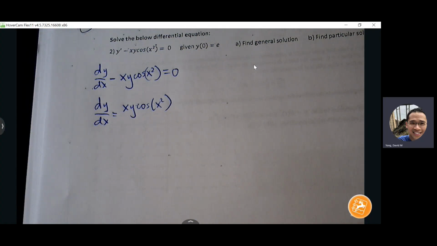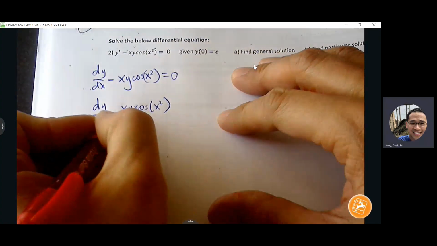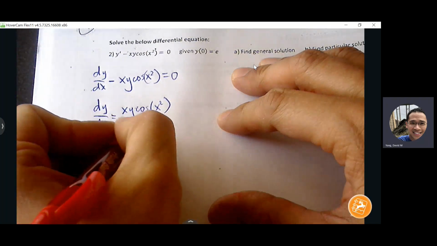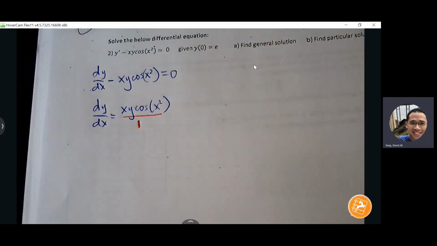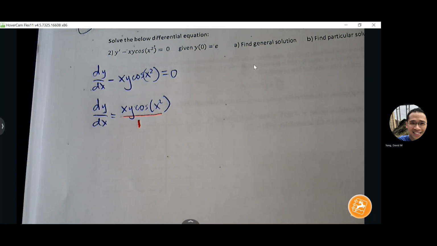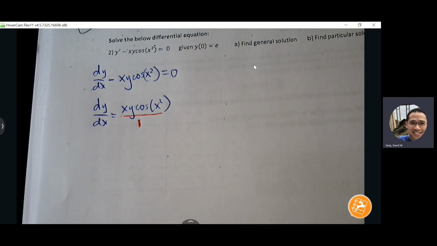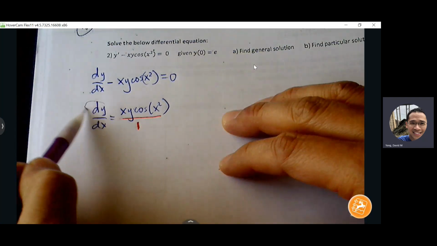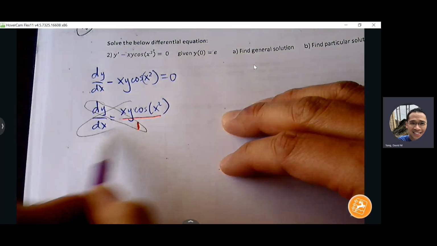Okay, this still looks kind of messy. I'm going to put a divided by 1 and cross multiply. I'm not trying to separate the variables just yet. I just want my dy dx's in their positions, where we want them to be, on separate sides in the numerator.